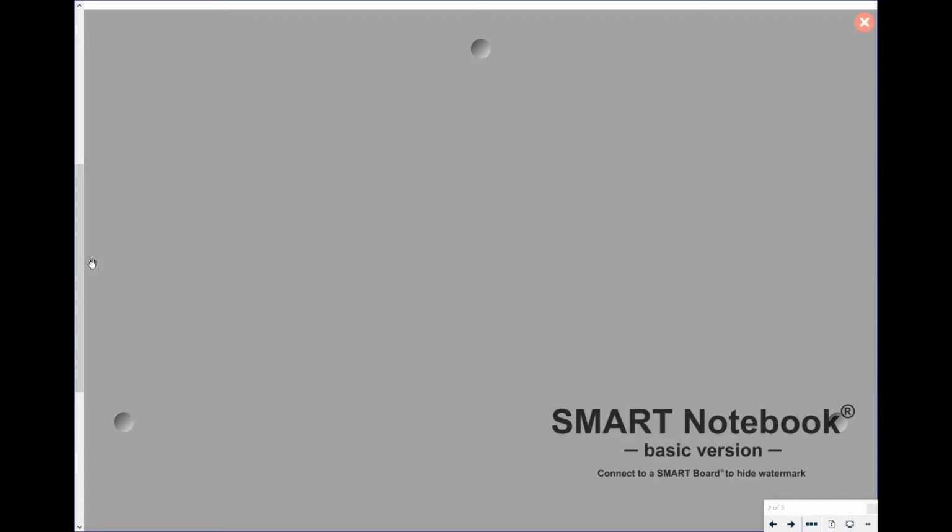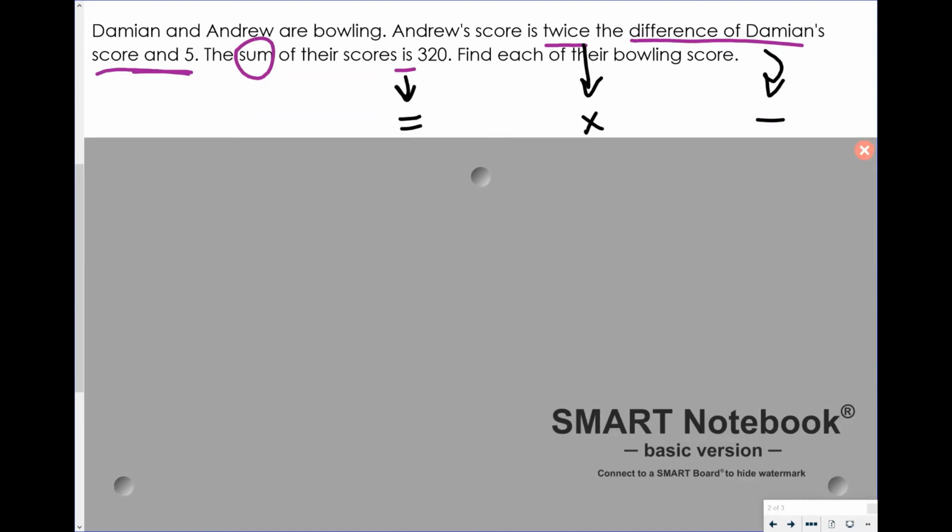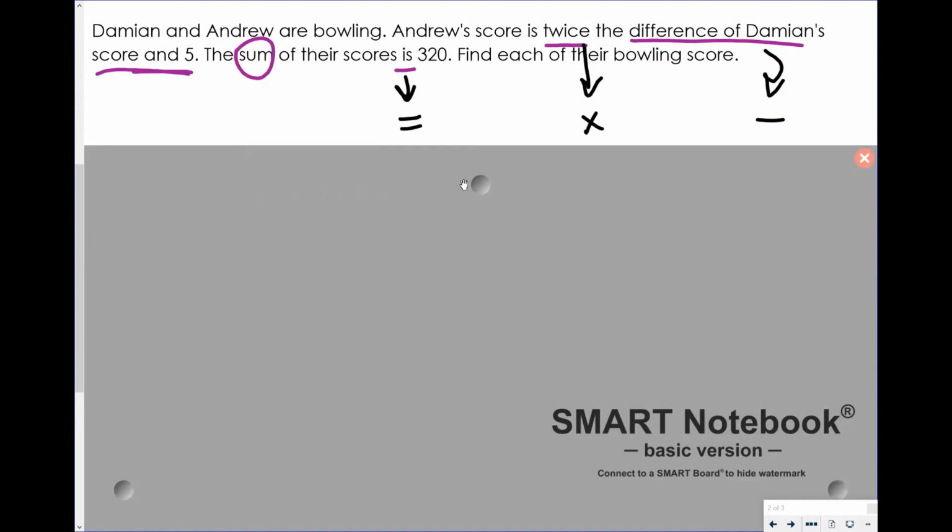Find each of their bowling scores. So let me move it to where you guys can see the lovely work. So Damian and Andrew are bowling. Andrew's score is twice the difference of Damian's score and 5. The sum of their scores is 320. Find each of their bowling scores.